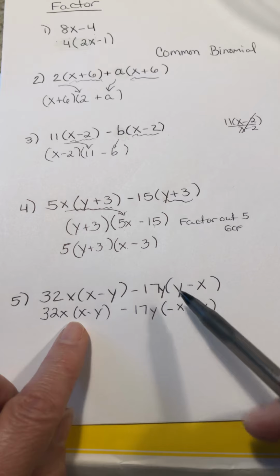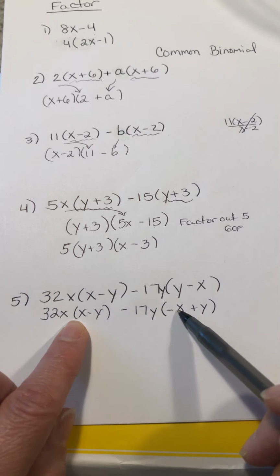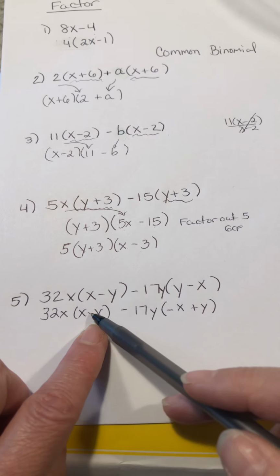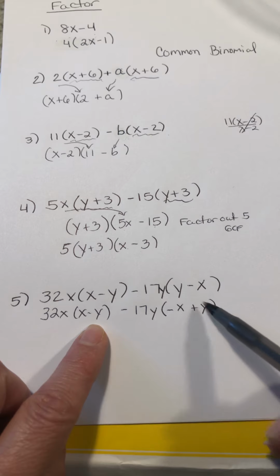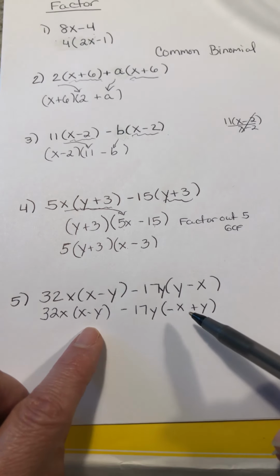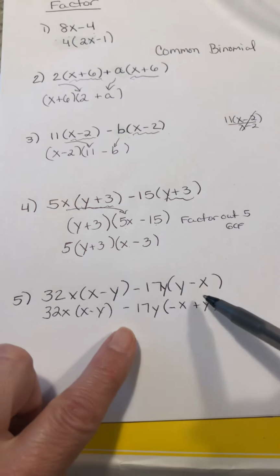So let's take a look here. Over here on the left I have an x, but over here on the right I have a negative x. Over here on the left I have a negative y. Over here on the right I have a positive y. So the signs are exactly opposite of the first binomial to the second.